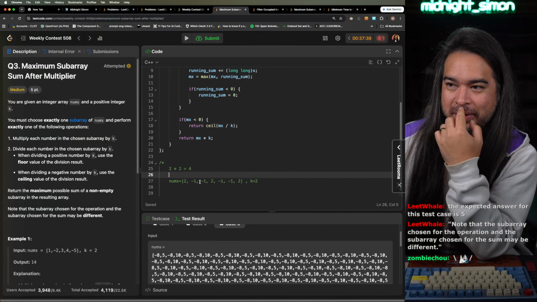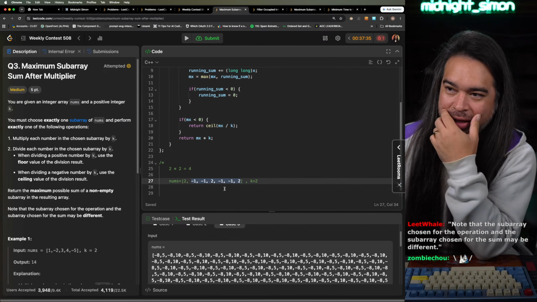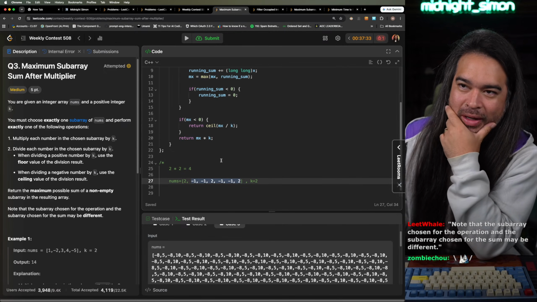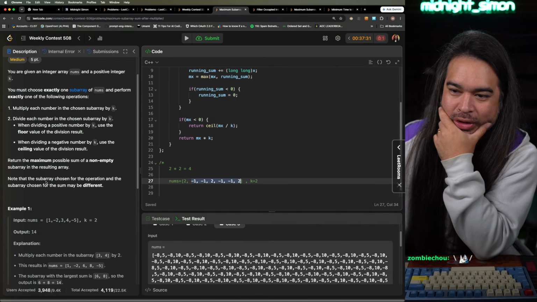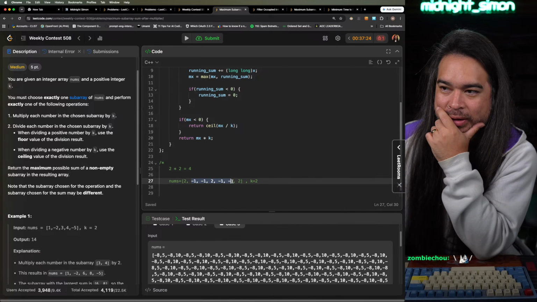I see. So we take, oh dang. That's why this problem is tricky. So if we divided out this whole part, these turn to zeros and these turn to 0, 0, 1s.